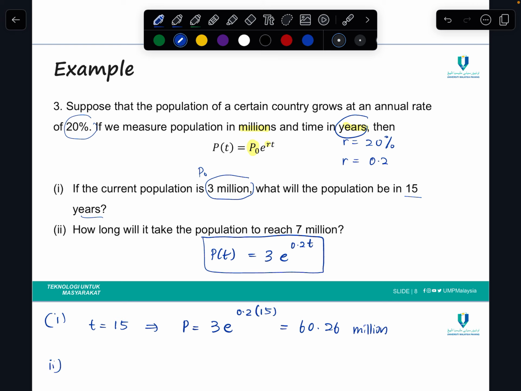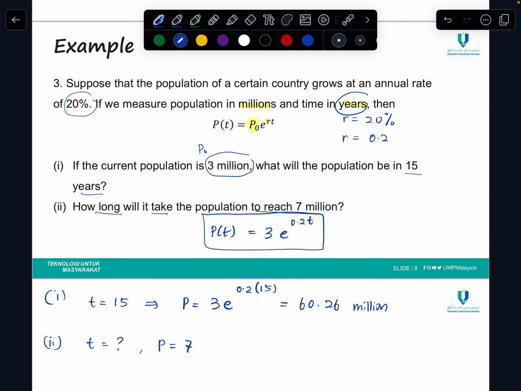Question number 2. How long will it take? So it asks about how many years, so what is t, so that the population reaches 7 million. So that P reaches 7 million.